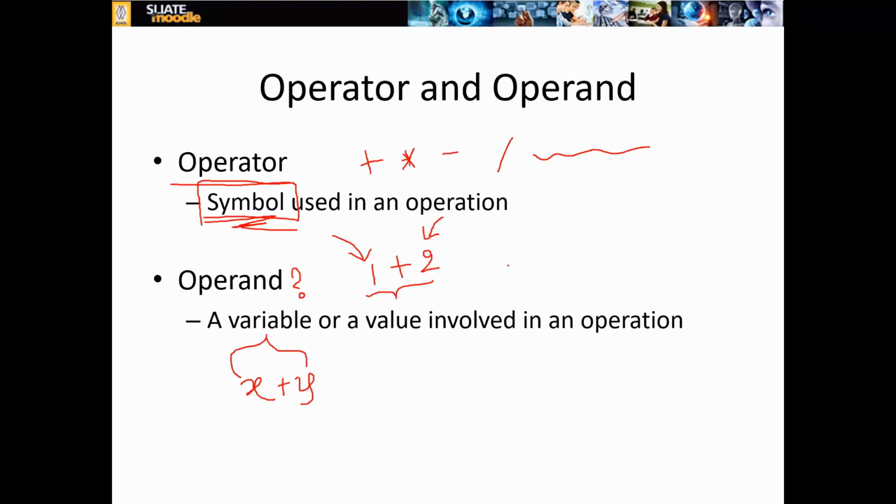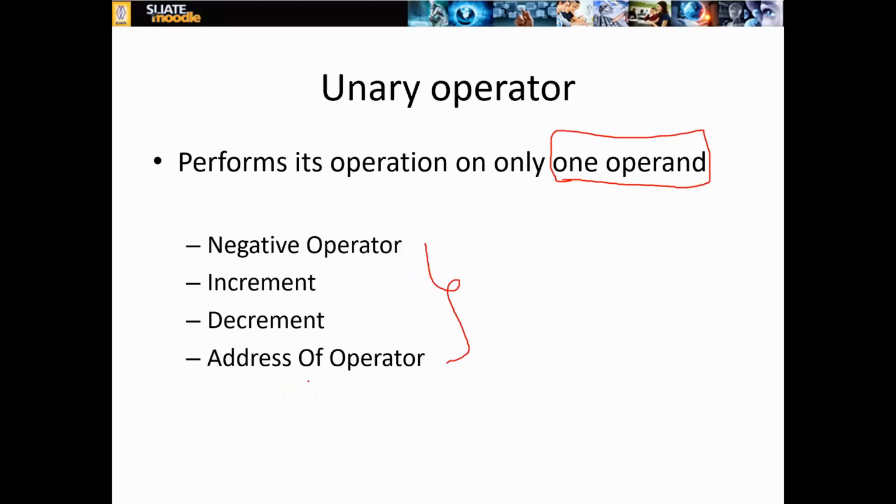In the previous slide, I told you 1 plus 2. Here we have two operands. And when we consider x plus y, here also we have two operands. But there are situations where we may use only one operand. For an example, assume that this is a variable.